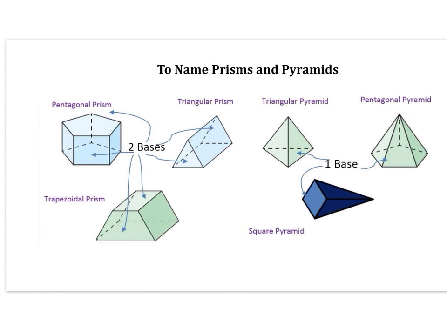You name a pyramid by the shape of its base. So for this one, the base is a triangle, so it's a triangular pyramid. For this one, the base is a pentagon, so it's a pentagonal pyramid. And for this one, the base is a square, so it's a square pyramid.